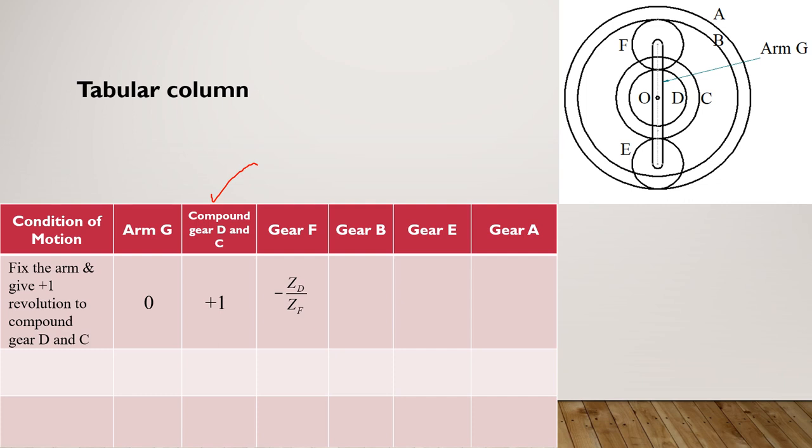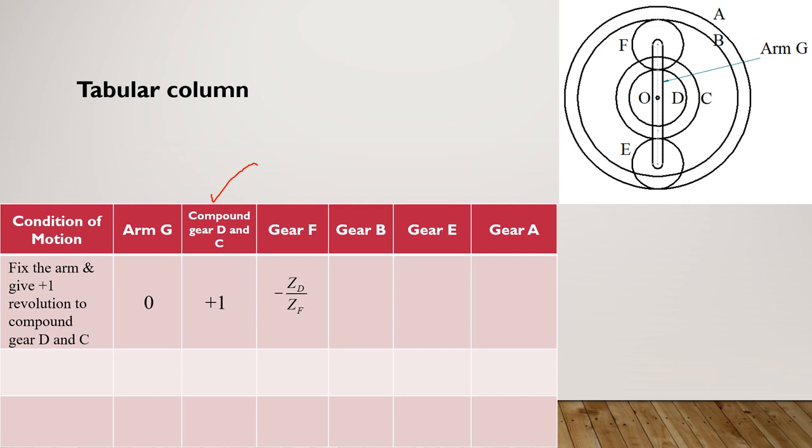Next, coming to gear B, see where the movement starts. B gets the movement due to gear F, and F gets the movement due to D. So there are three gears. From D it starts, transfers to F, and F to B. So all the combinations have to be considered.